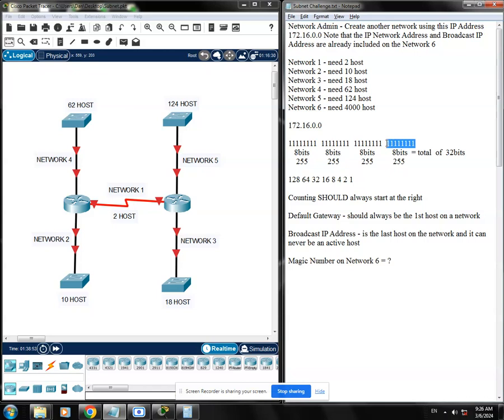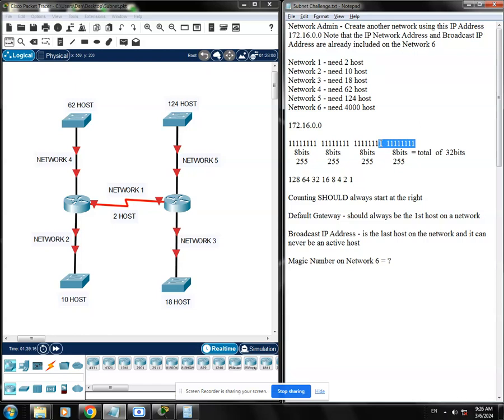Since we need 4,000 hosts, we need to use the second portion of the 8 bits of the binary to add additional hosts. If we move on to this second portion, the 128 will be doubled.